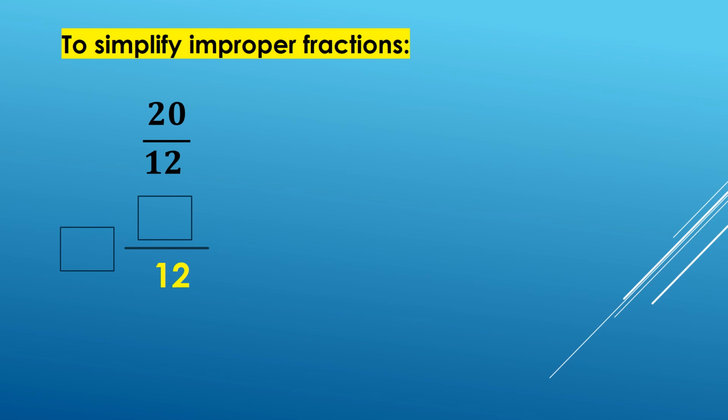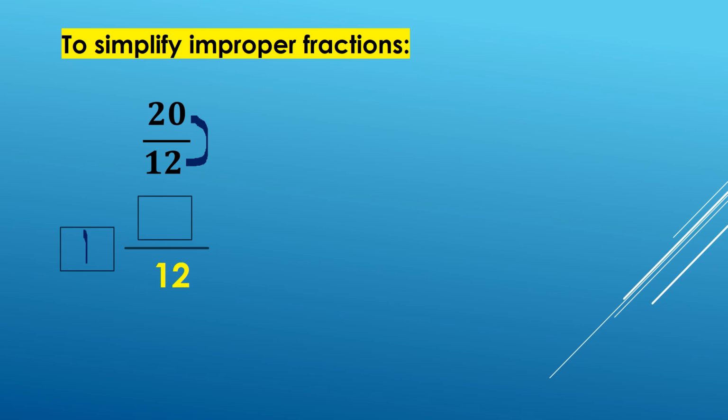That's correct. 20 divided by 12 is only 1. So I'm going to write 1 here. Now, 12 times 1 is 12. How much is left from the 20? Let me repeat. I just copied the 12 down and I divided 20 by 12.